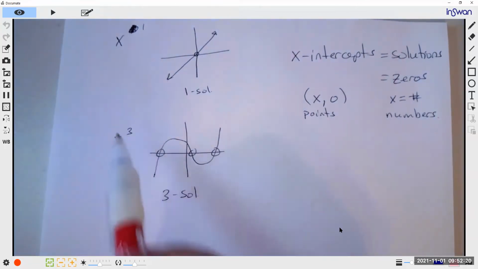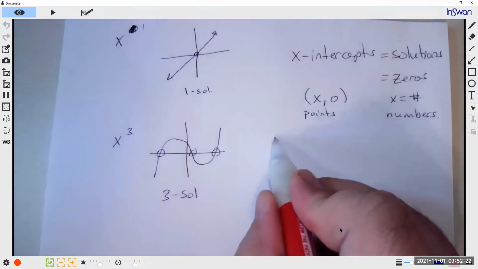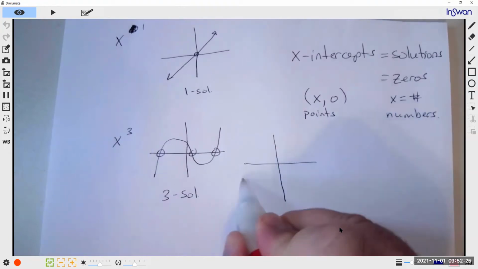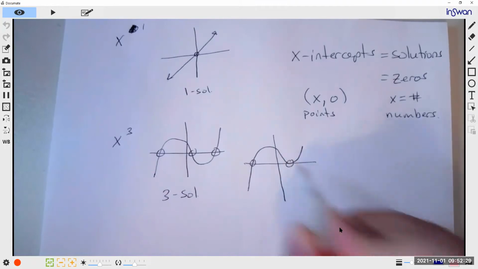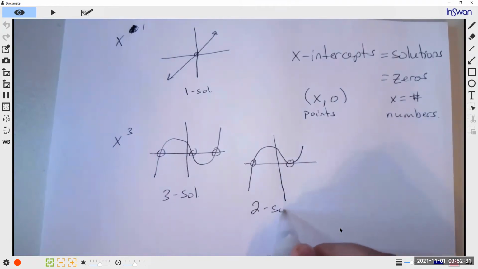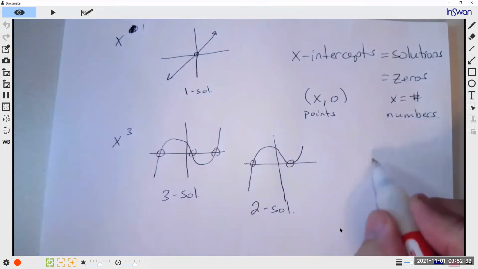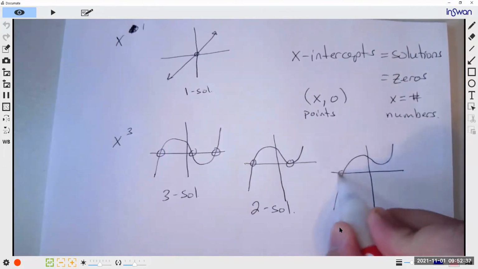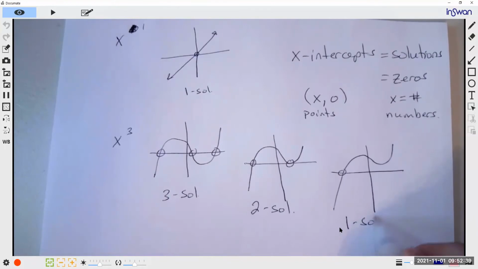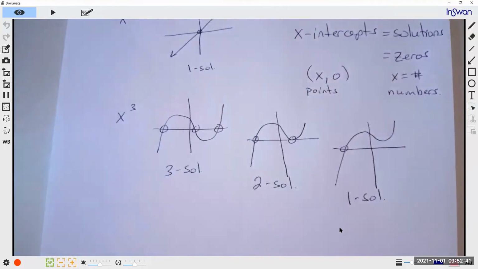So x to the 3rd, we can have 3 x-intercepts. We can have only 2 x-intercepts. Or we can only have 1 x-intercept.